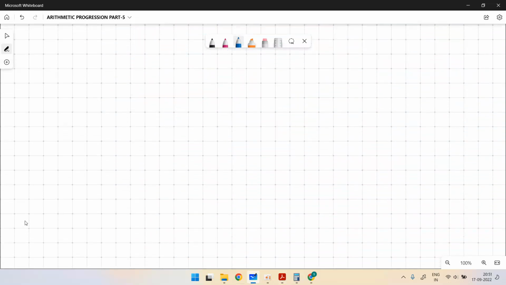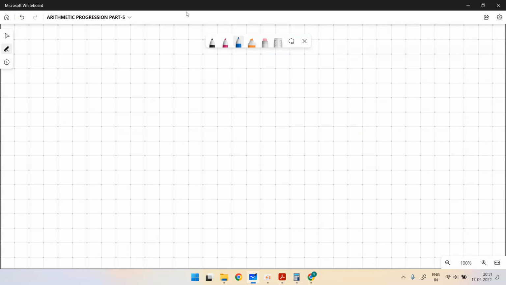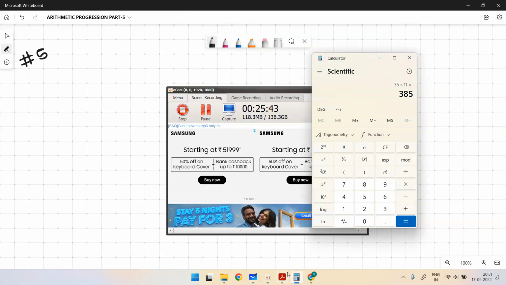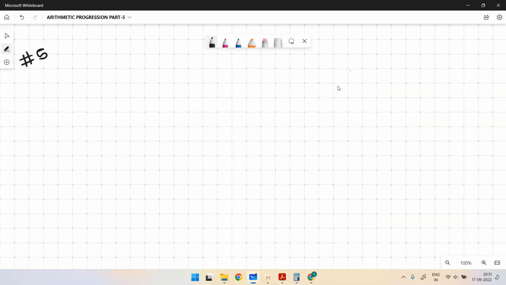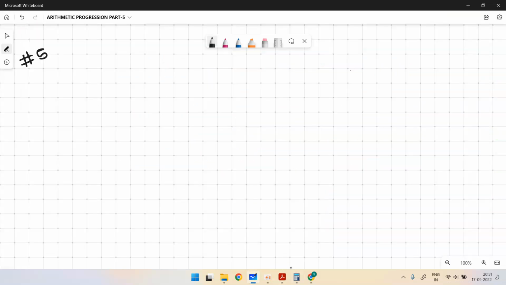So if you see this fifth question, a small terrace of 15 steps. There are 15 steps.